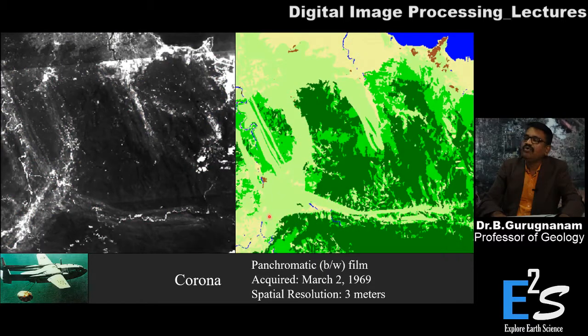Classification is done in no time. And the Corona, this is panchromatic black and white film acquired in 1969, spatial resolution 3 meters, and it is classified.